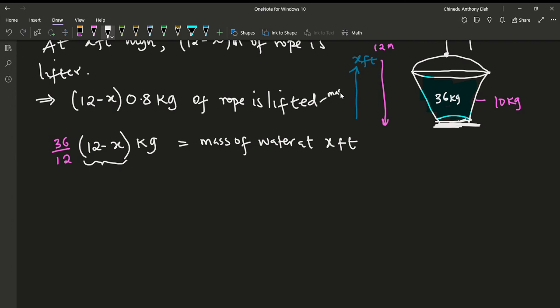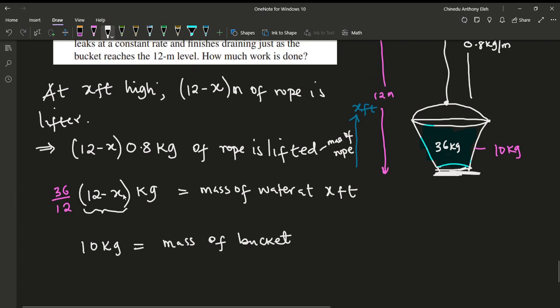And the bucket is 10 kg. This mass does not change with respect to height, so it's constant. At each point in the lift, the mass of the bucket doesn't change with respect to x.